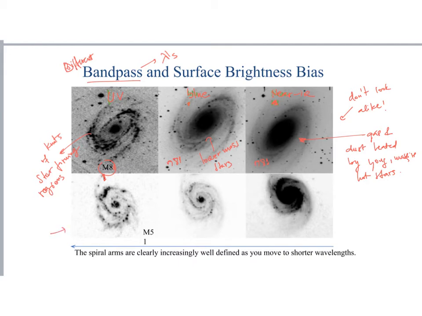And here is another series, M51, just another one of those galaxies. You see how different they are, right? Okay, so you see how the structure of the spiral arms is clearly increasing, and it's much better defined as we move to shorter wavelengths, and that is, again, because of the star formation in the spiral arms.